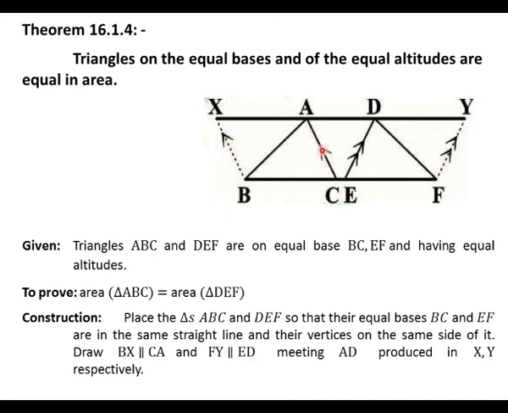This is CA. And FY parallel to ED. This is FY, and we are drawing it parallel to ED, meeting AD produced in X and Y respectively. So this is meeting at X. If we produce A to the left side, it will meet at X, and from D, if we move to the right side, it will meet at Y.